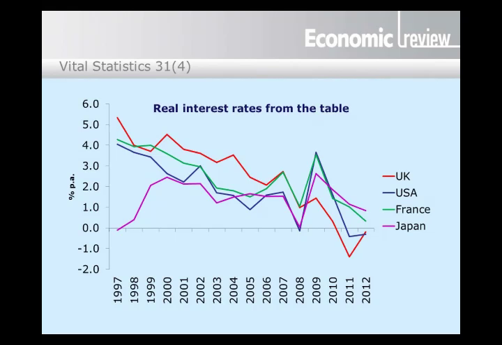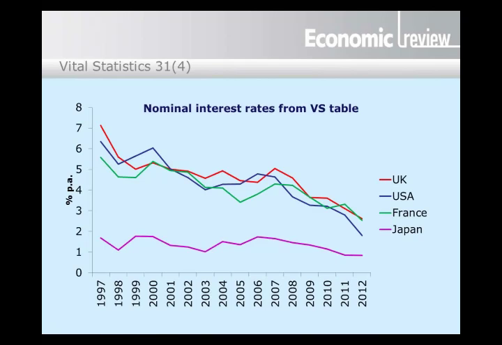And by looking at the separate nominal interest rate and inflation rate data, we can trace the source of this instability. Worth noting Japan, though, which follows a very different pattern, in particular between 1997 and 2000, and that reflects the particular circumstance in which the Japanese economy had been in during the 1990s.